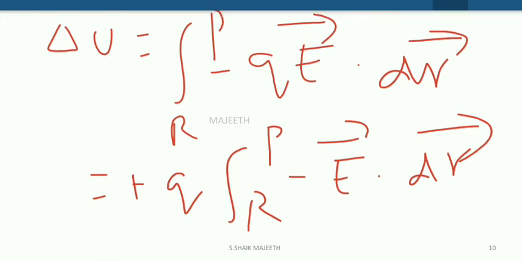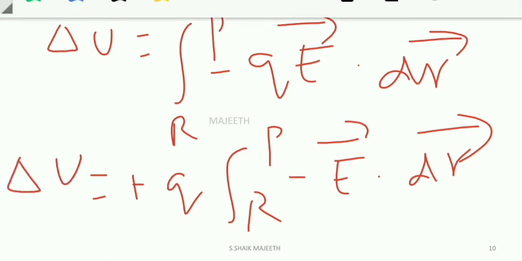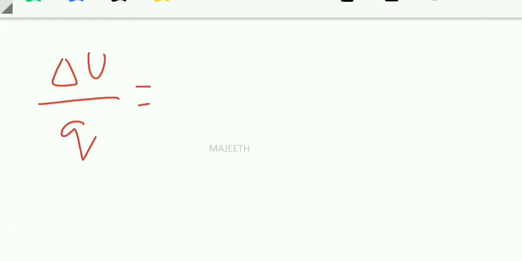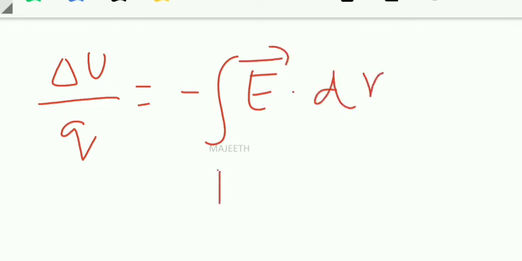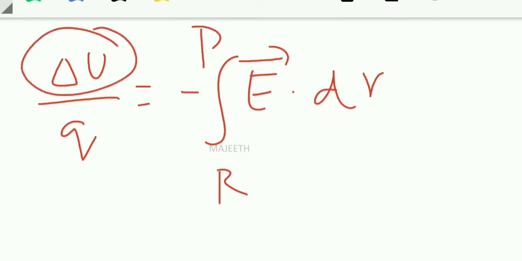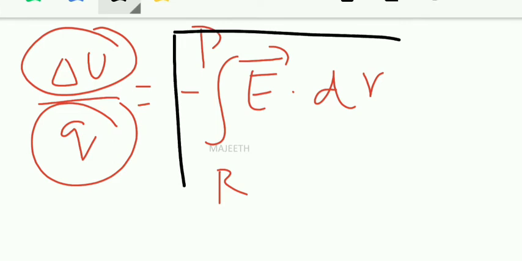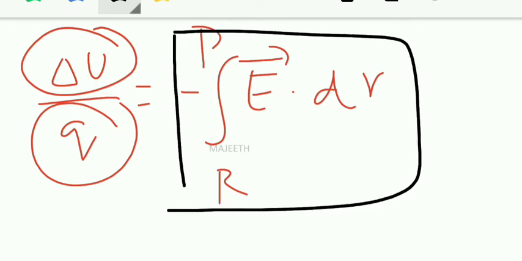Now on the left-hand side we have del U. Now bring this Q to this side: del U by Q is equal to minus the integral from R to P of E dot dr. Here del U is the potential energy difference, and this is the potential energy difference per charge, given by minus the integral from R to P of E dot dr. You see that the right-hand side of this equation is independent of the test charge.